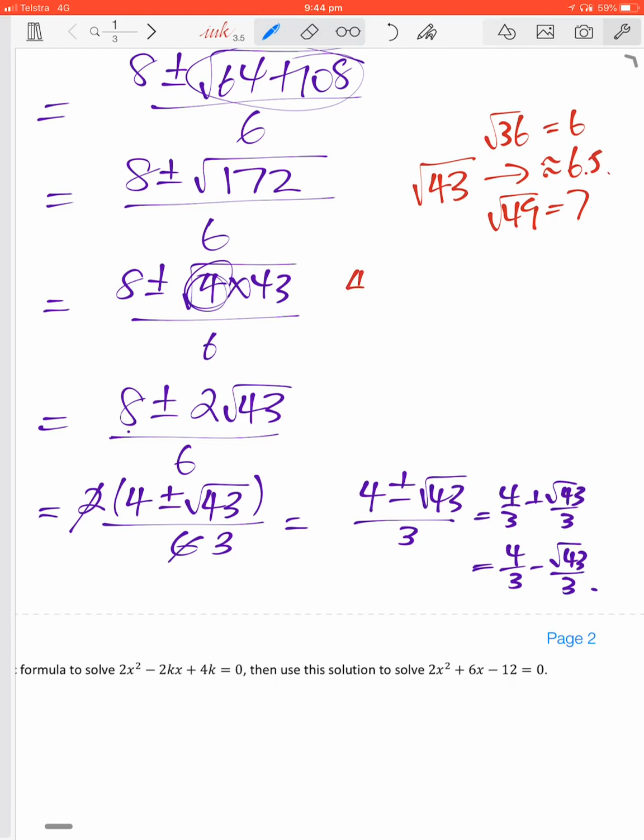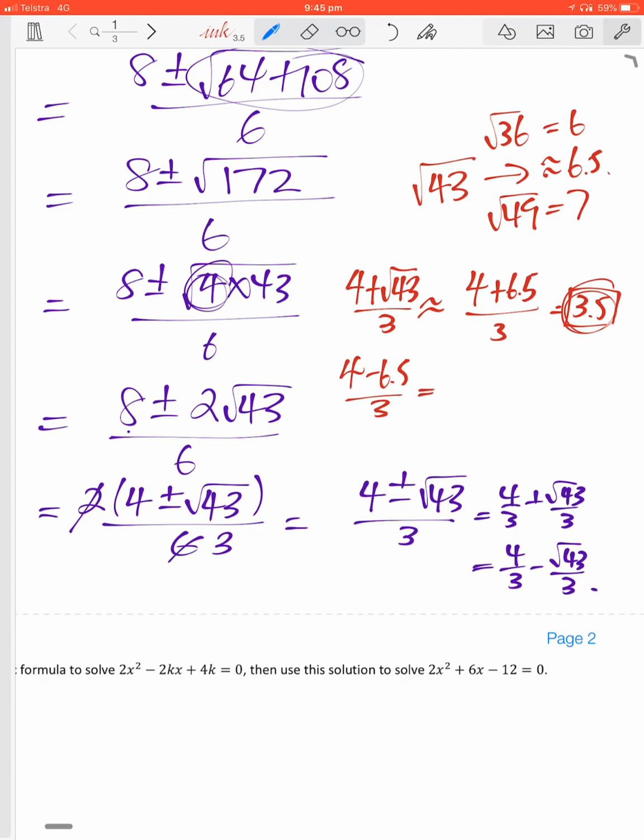If I've got 4 plus root 43 on 3, that's approximately 4 plus 6.5 on 3, which is 10.5 on 3, which is 3.5. So I'm going to say that's one answer, approximately. Then the other answer is 4 minus 6.5 on 3, which is negative 2.5 on 3.